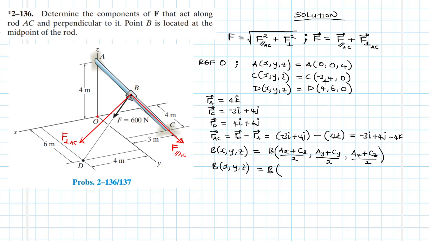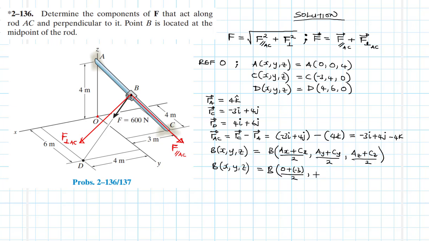CX is minus 3, so we'll have 0 minus 3 divided by 2.